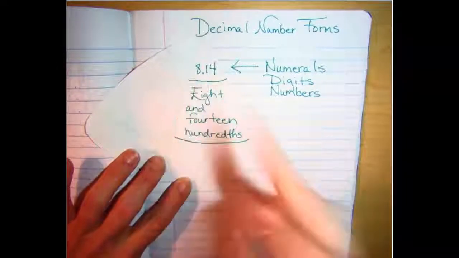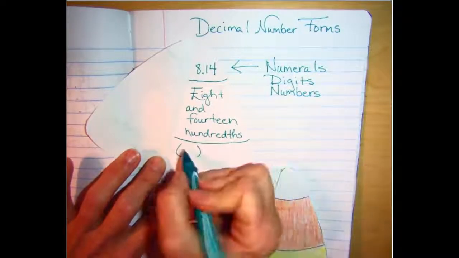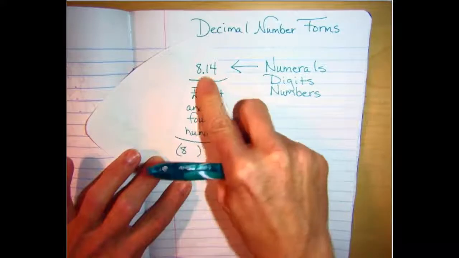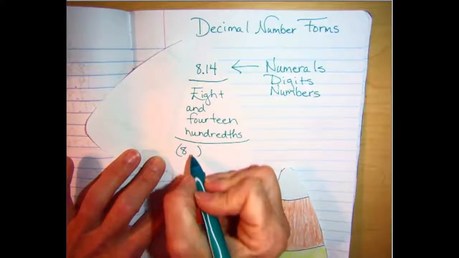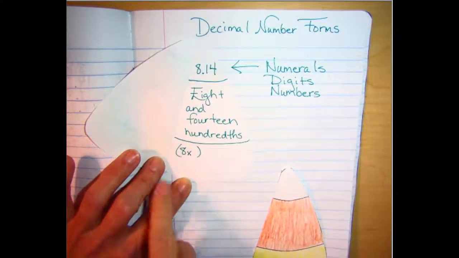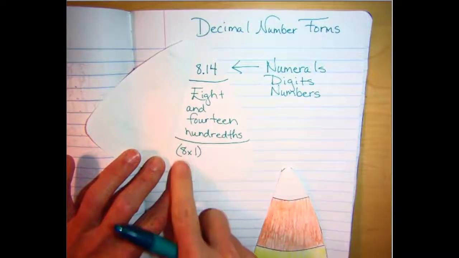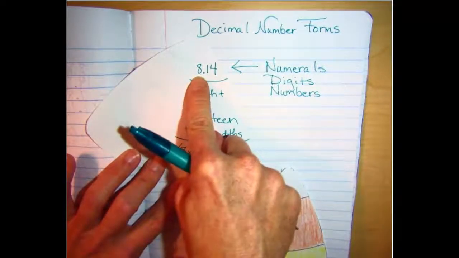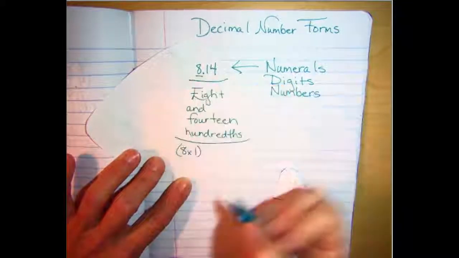If I want to show 8 in expanded form, what would I multiply 8 by to get this value? Elise? 8 times 0.1. No, not 0.1, not times 1/10, times 1, yes. 8 times 1 will give me the value of 8. Do y'all agree? Yeah. Okay, so my 8's taken care of.